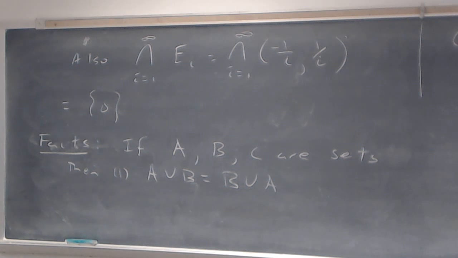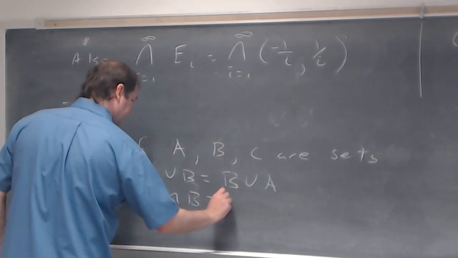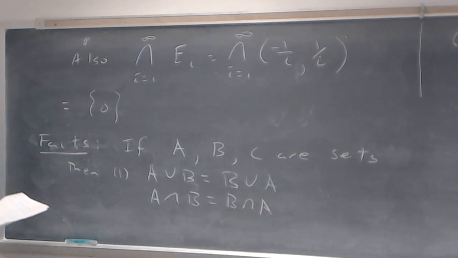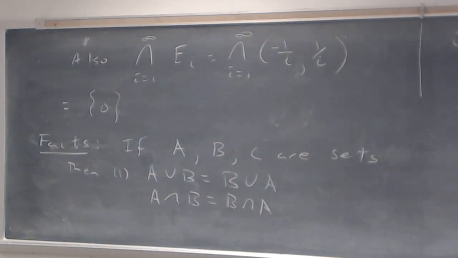But the intersection holds true too, in terms of order not mattering. A intersect B is the same thing as B intersect A. That's the first fact. I'm not going to prove that, I'm just saying that that's true. There is one of the statements that I'll make that I will prove.